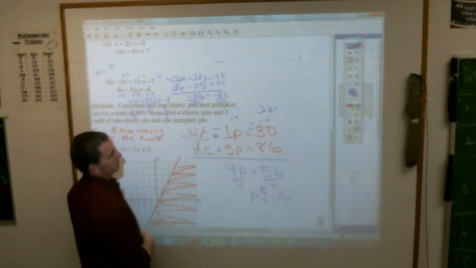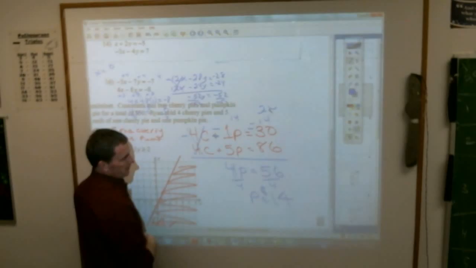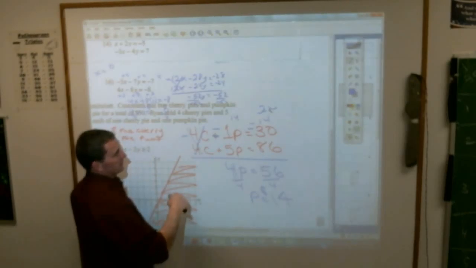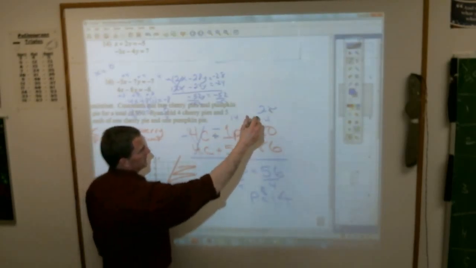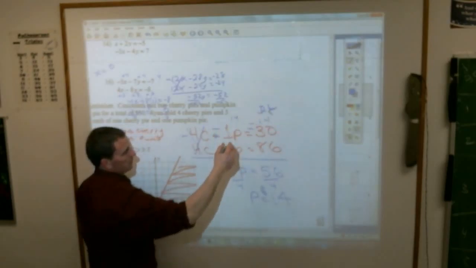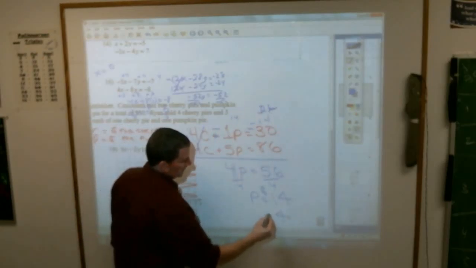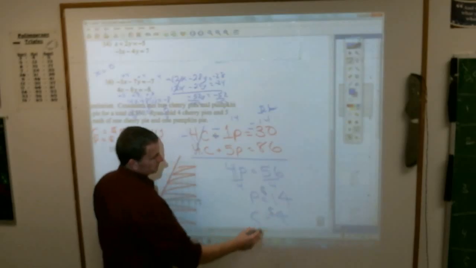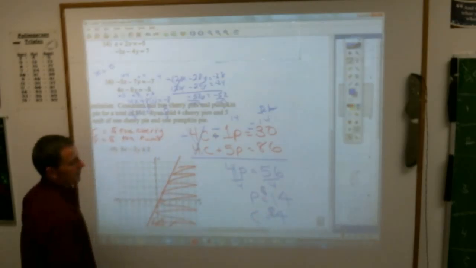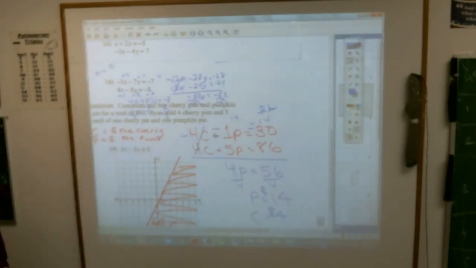Is this cherry pies or pumpkin pies? It is pumpkin pie, right? What did I do wrong here? 14, oh, it's 16, sorry. And 4 goes into 16, $4 for the cherry pie. Pumpkins are harder, maybe they're not in season as much as cherry pie.